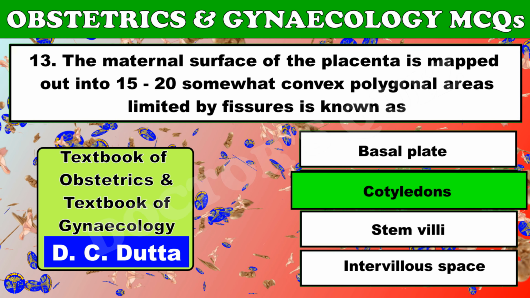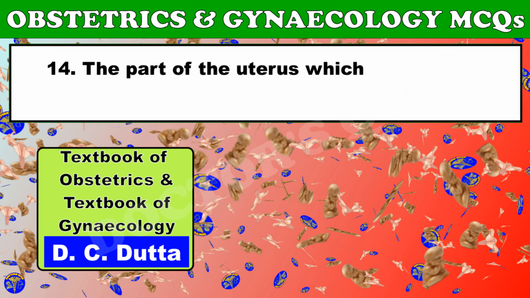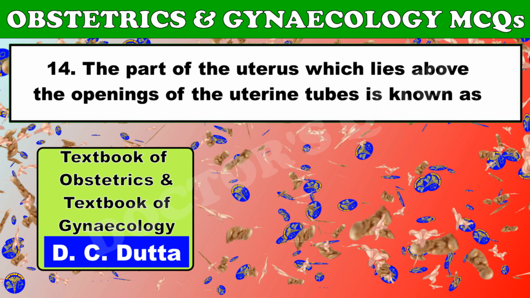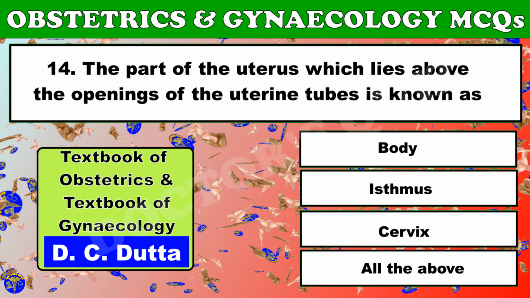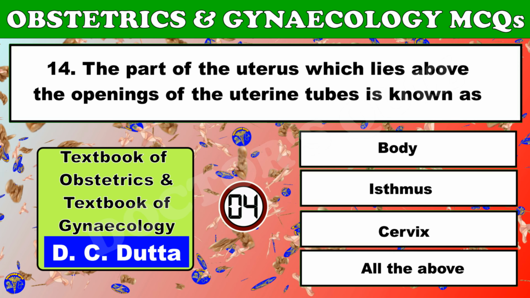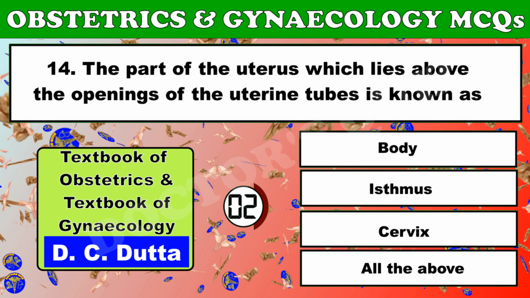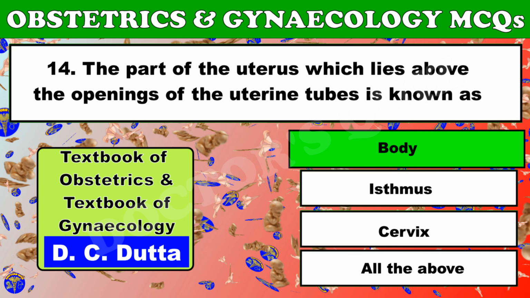Answer is cotyledons. The next question is, the part of the uterus which lies above the openings of the uterine tubes is known as? Options are body, isthmus, cervix or all the above. Answer is body.